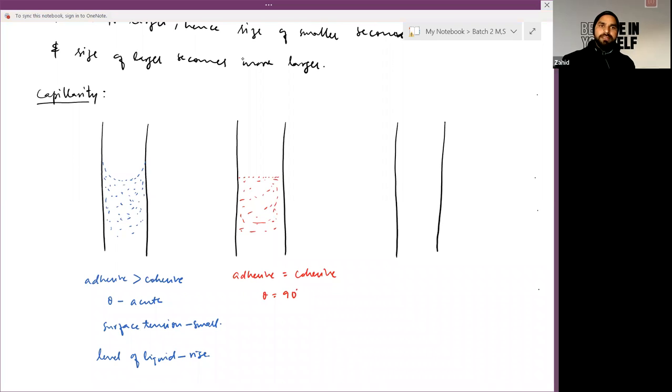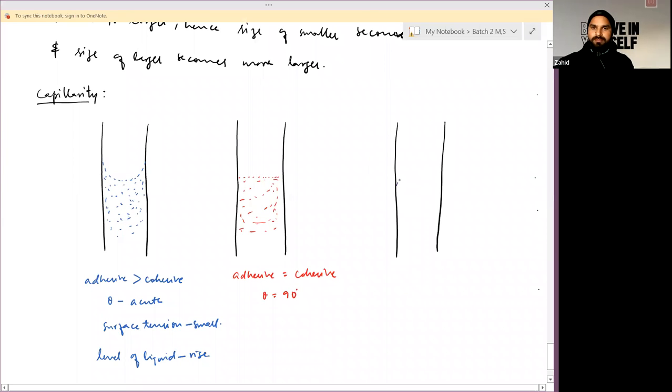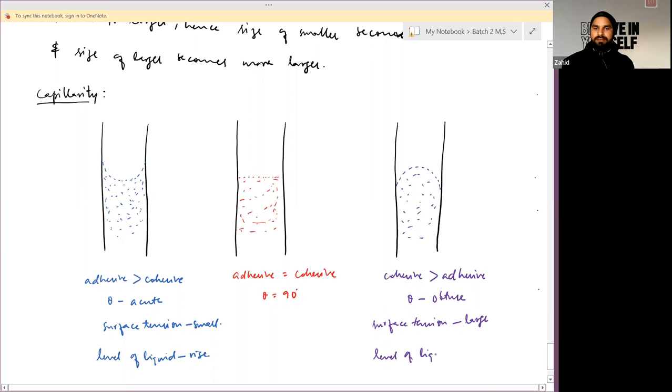In the third part, if you place mercury, it may acquire this type of meniscus, in which cohesive force is much stronger as compared to adhesive. So theta, the angle of contact for this type, will be obtuse. Surface tension of this liquid is large, and hence the level of liquid will fall down.